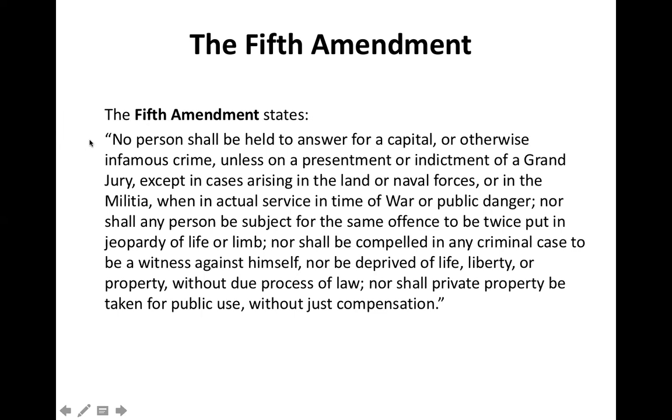Okay, so we're going to look here. This says that if we're going to charge you with a crime, it has to be under presentment or indictment of a grand jury, unless you're in the military. If you're in the military, the military justice system deals with you. So grand jury is more of a federal way. When we talk about the judiciary, we'll talk about how states can prosecute people.